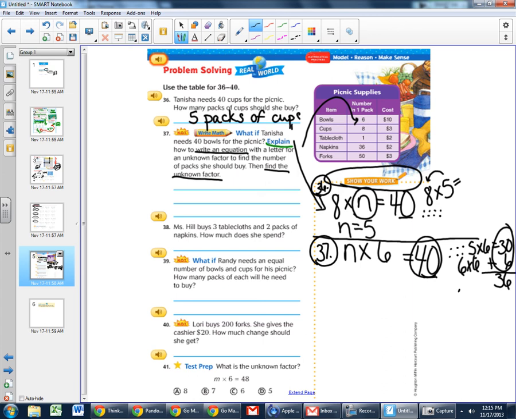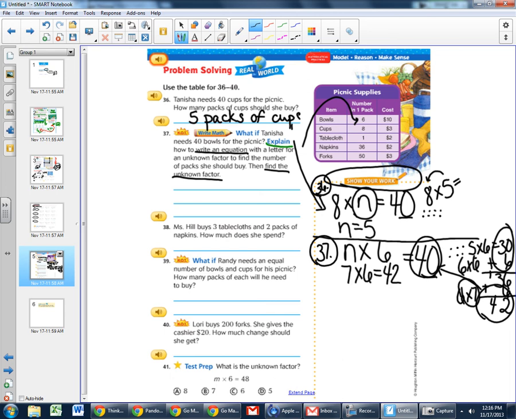Still not enough, so let's do 6 times 7 by adding another 6 here using my known facts. 6 plus 6 is 12. 1 plus 3 is 4. So I'm above the number that I needed to get, but I would rather have more bowls with 2 left over than not enough. So I know that n needs to equal 7. 7 times 6 equals 42.